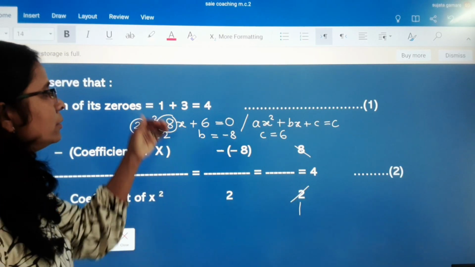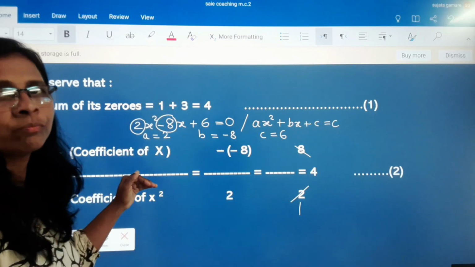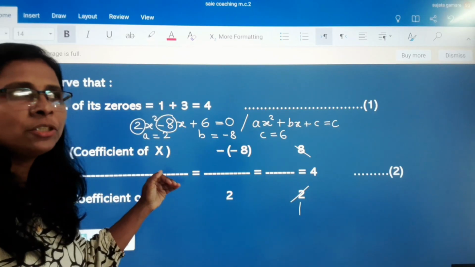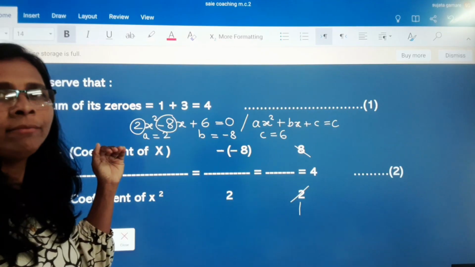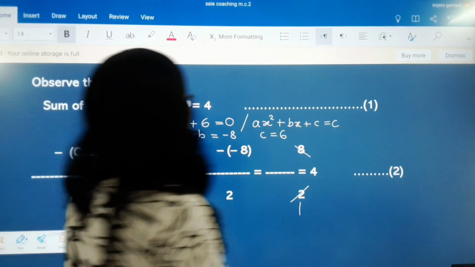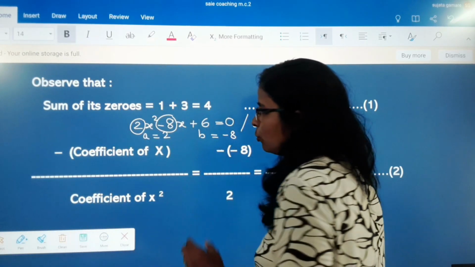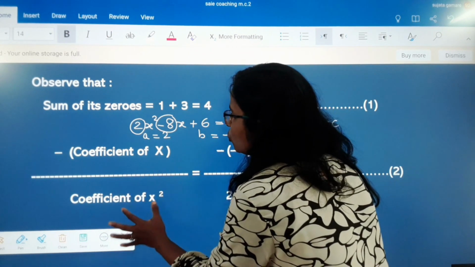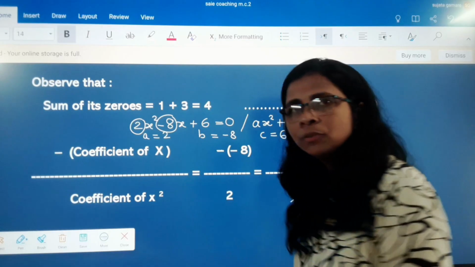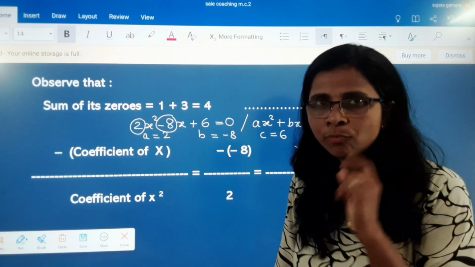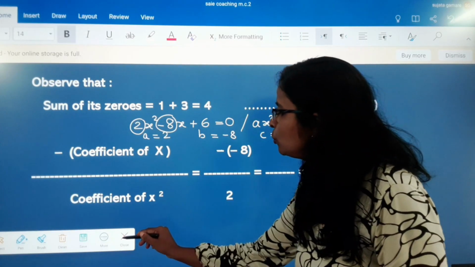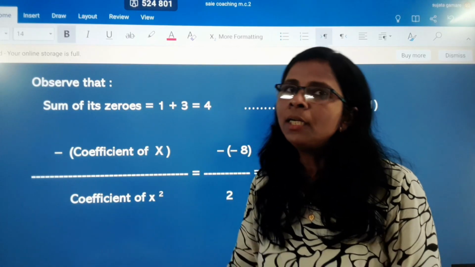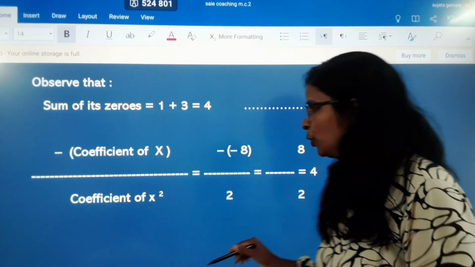So see here the equation 1 and 2. The values of the equation 1 and 2 are equal, and which was that? That was the sum of its zeros is equal to minus coefficient of x upon coefficient of x square. Okay, so this is our first formula regarding the zeros of the polynomial and the coefficient of the polynomial.